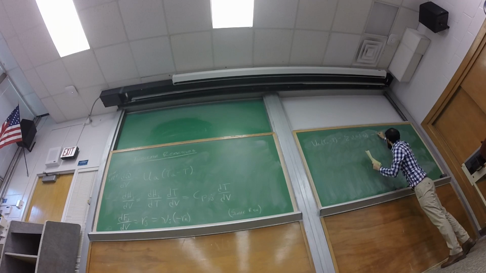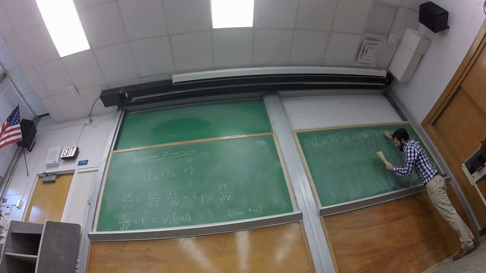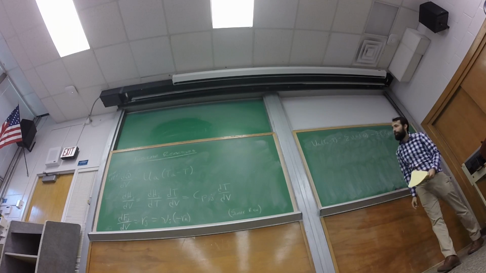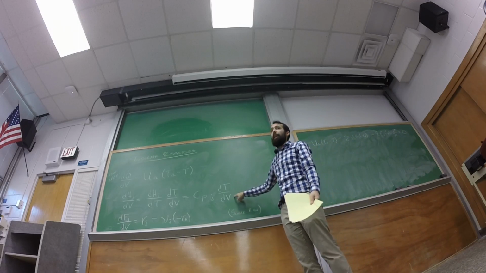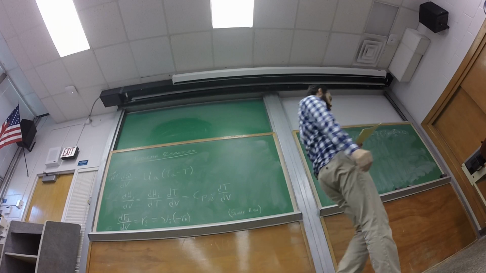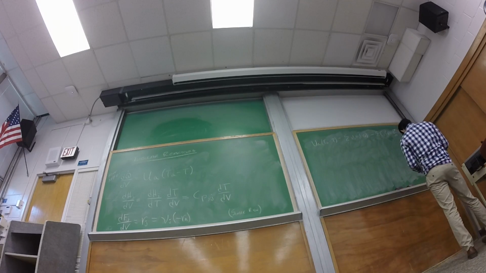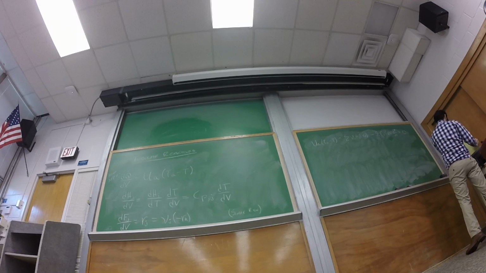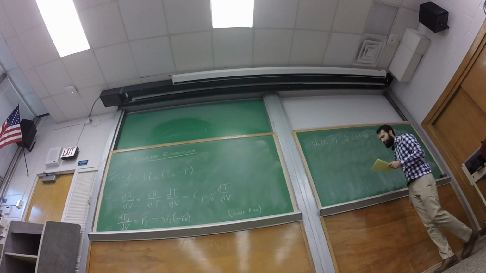And then we had flows times the heat capacity, dT/dV, which we got from here. Because we had flow times dH/dV. And again, we're neglecting the shaft work.